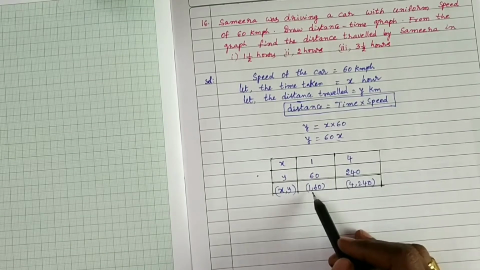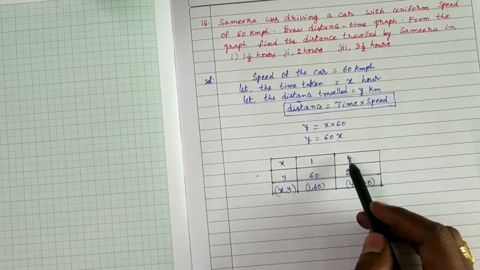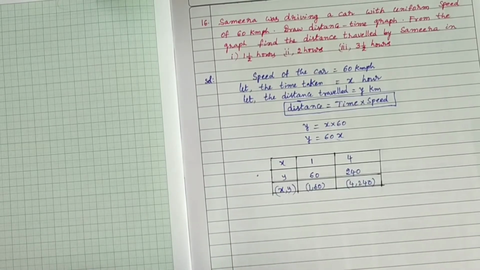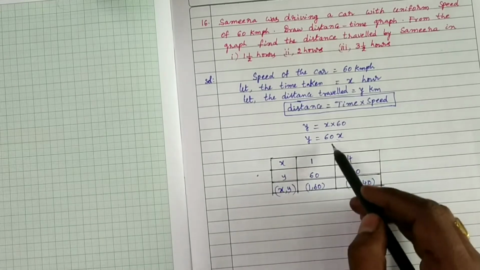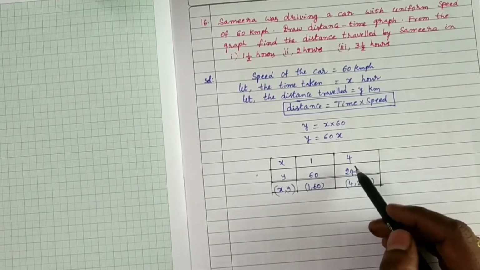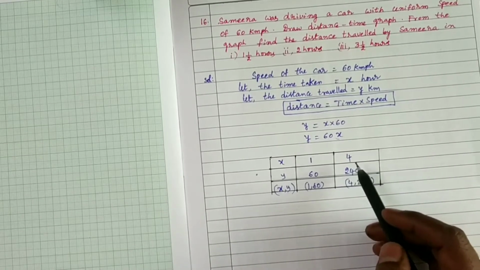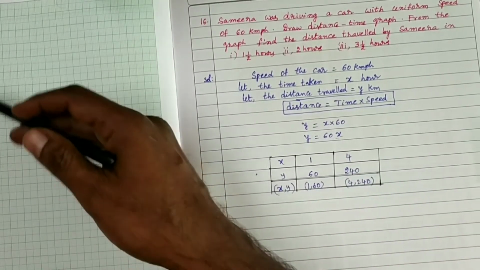Observe the points on x-axis, 1 and 4 are small values. So we can take on the x-axis 1 centimeter as 1 unit. On the y-axis, the y points are 60, 240 like that. Suppose we take 1 centimeter as 10 units, the space is not enough.